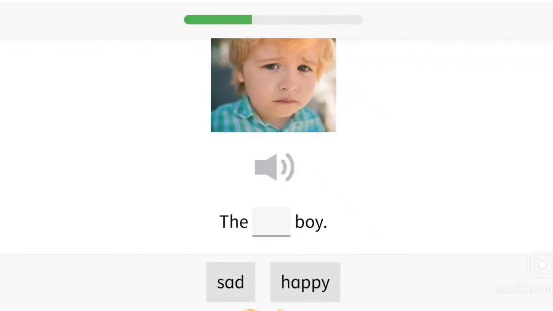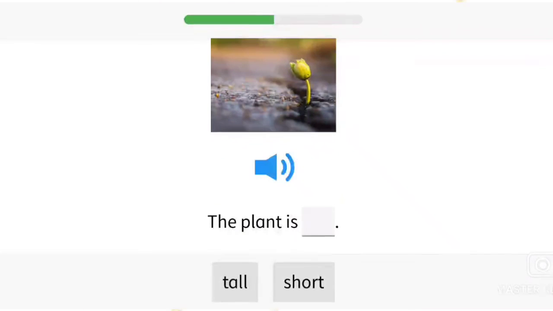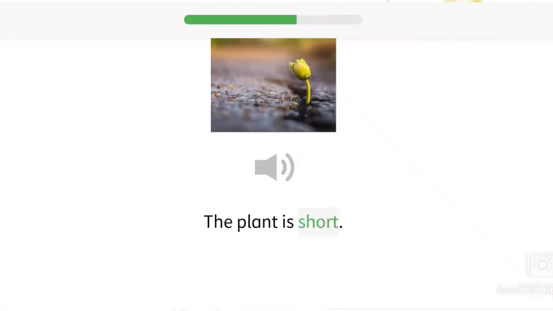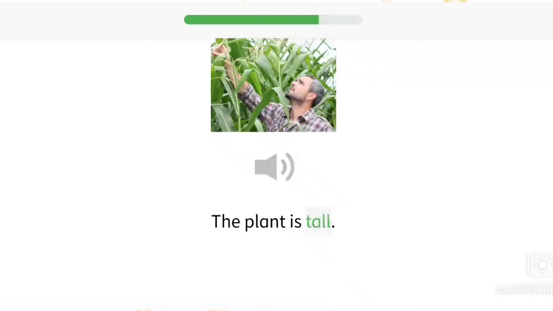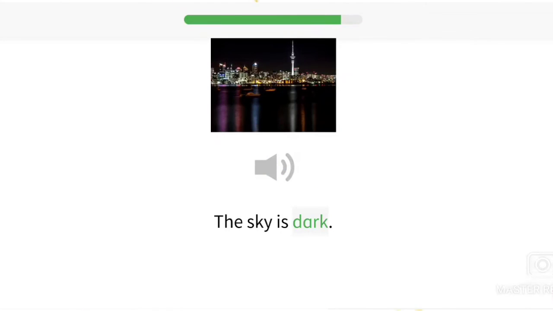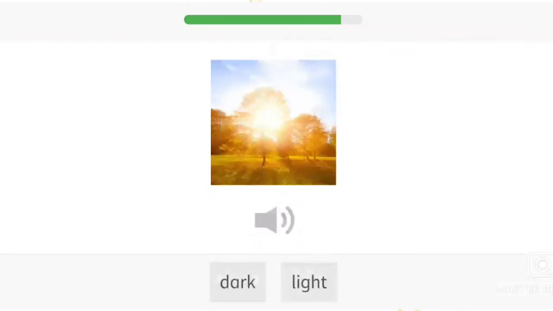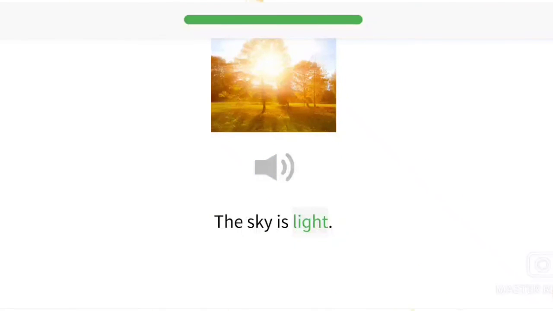Now, how is the boy? The sad boy. The plant is short. The plant is tall. The sky is dark. The sky is light. Dark, light.